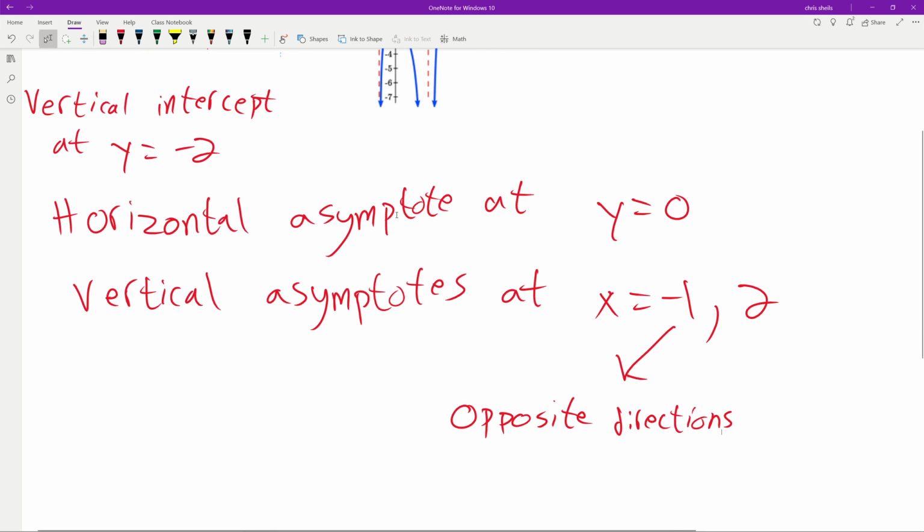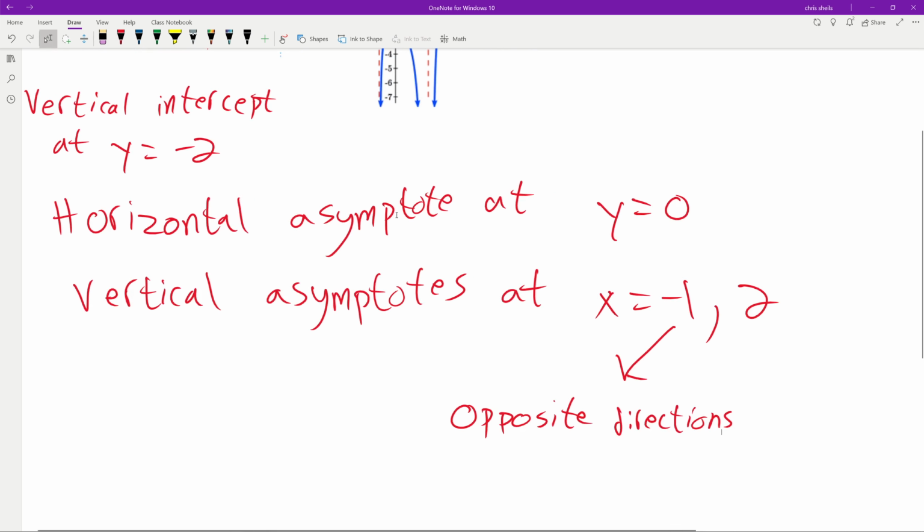In my denominator, I have x plus 1, which gives me this asymptote at x equals -1. I have x minus 2, which gives me the asymptote at x equals 2. And the x minus 2 one will be squared because the graph is heading in the same direction there. So this has to have an even power on it.